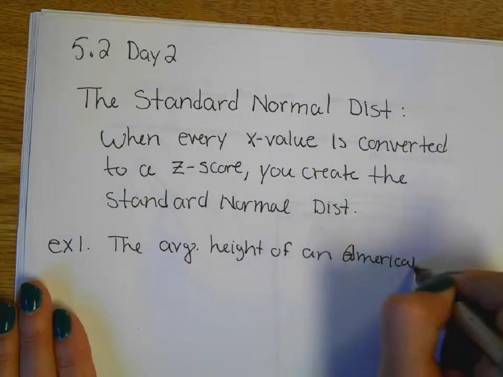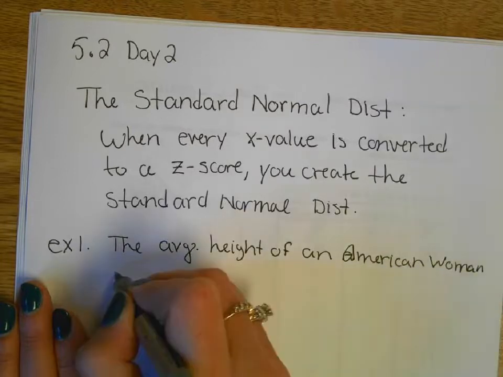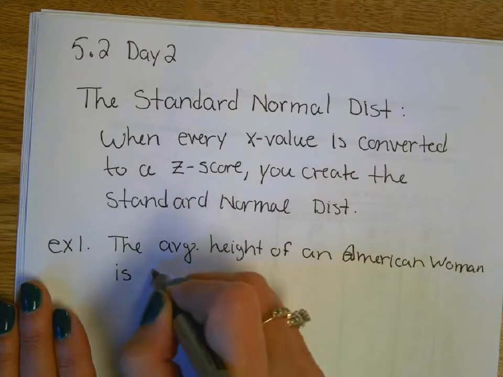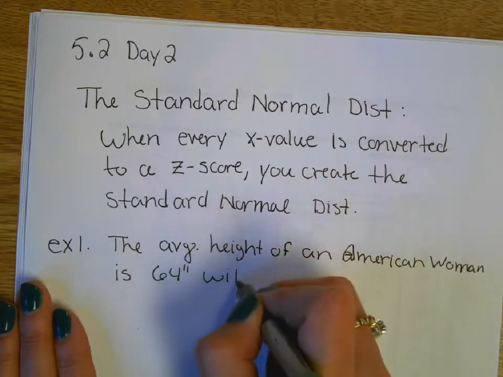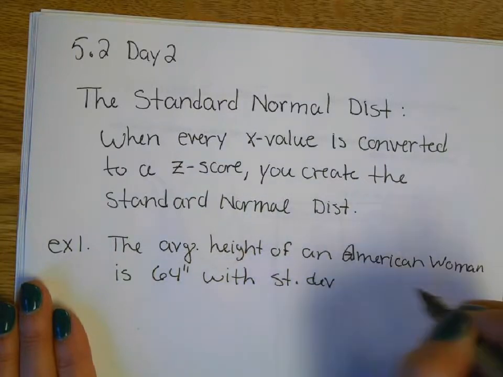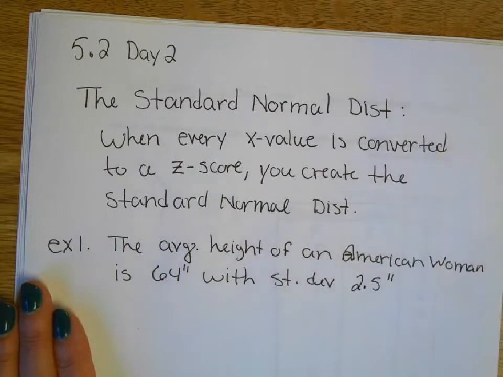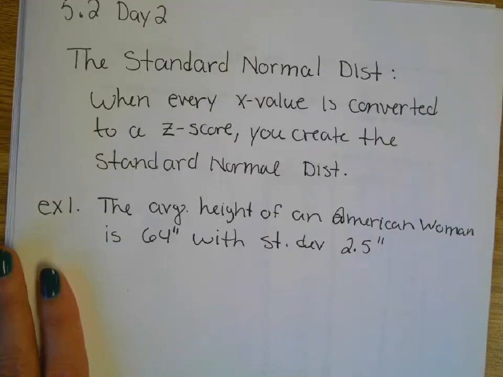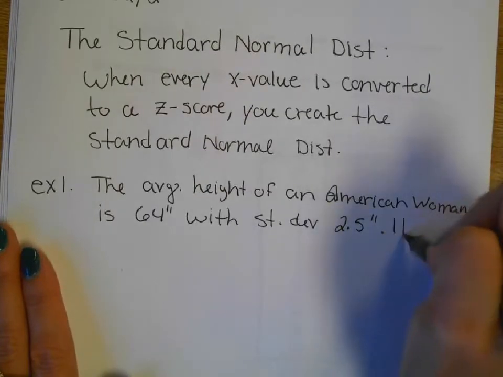The average height of an American woman is 64 inches with standard deviation 2.5 inches, and heights are normally distributed.